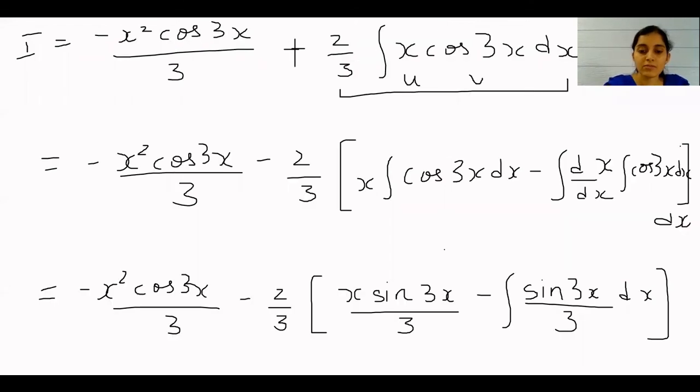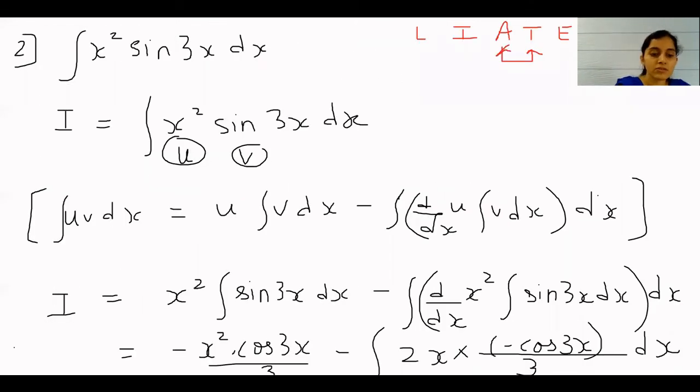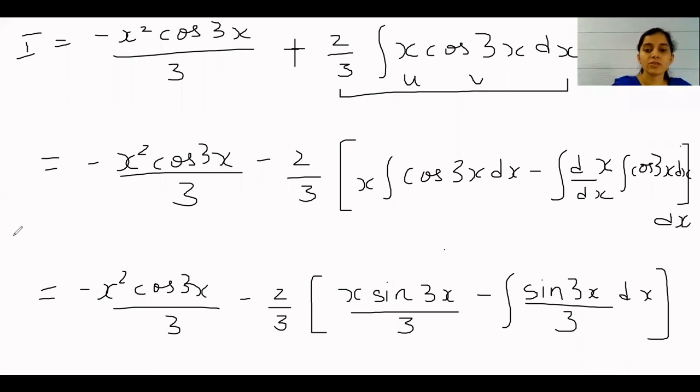There was a sign mistake here. Minus x square cos 3x upon 3, minus integral 2x times minus cos 3x. This minus sign goes out and becomes plus, so we have plus over here. Then plus 2 by 3 integral x cos 3x, minus integral d by dx of x times integral cos 3x dx.